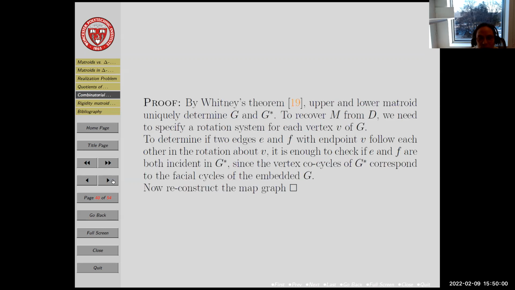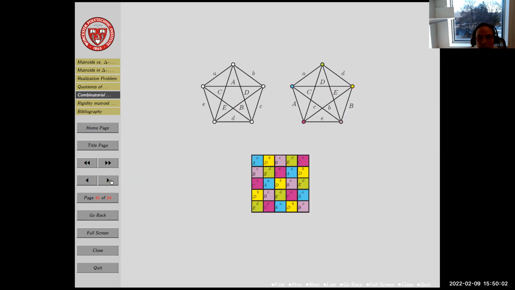I want to just run you through one example of this. So here I have a pentagon, and the complete graph on 5 vertices, so I have 10 edges. And I look at the geometric dual of that graph embedded on the torus.